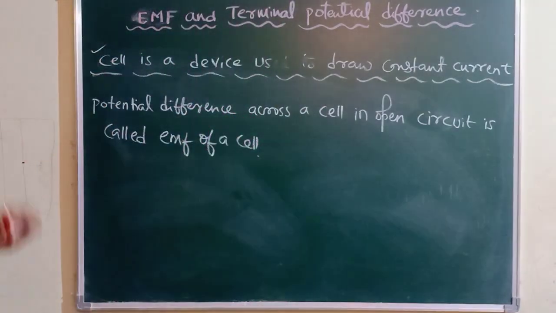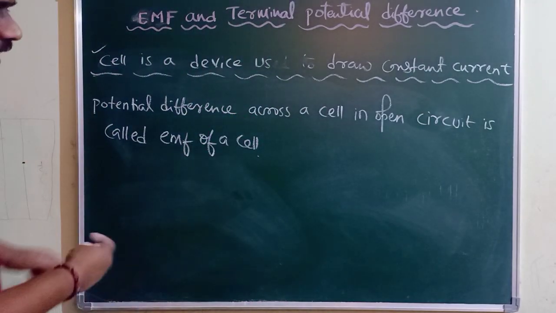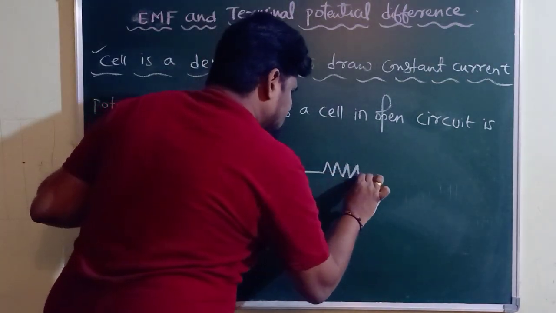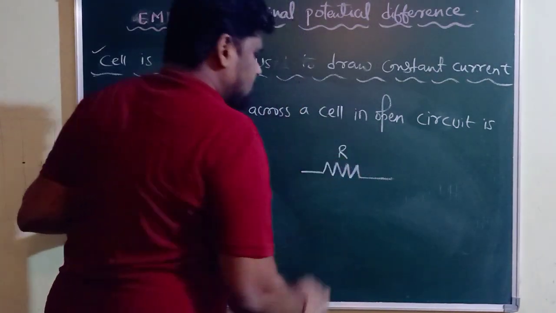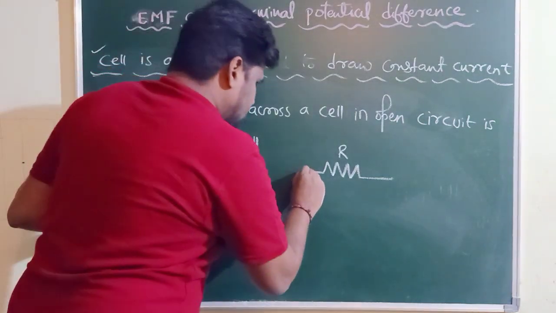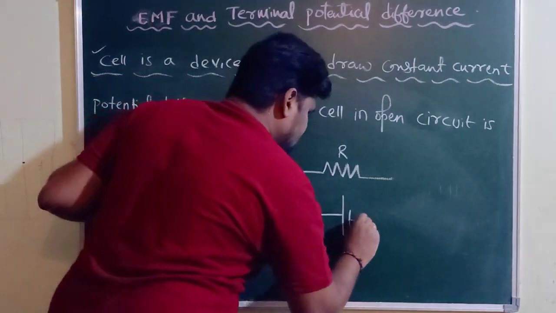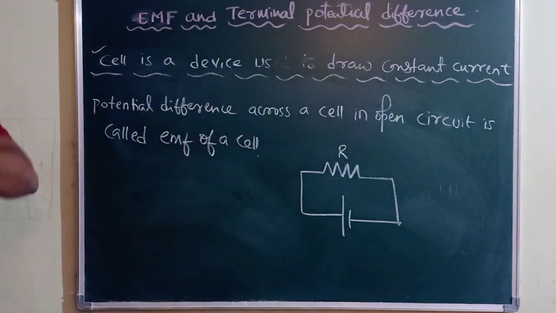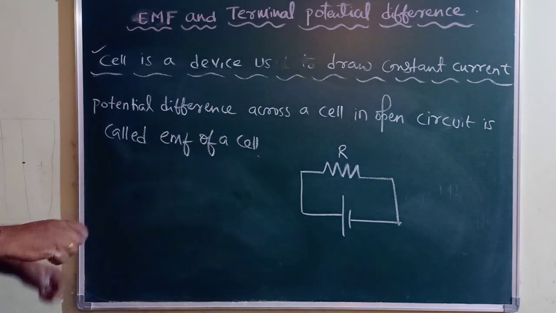Suppose the same cell you connect across a circuit. Say, for example, I have a conducting wire of resistance R. Across this wire I am connecting a cell. Now the cell is in closed circuit.